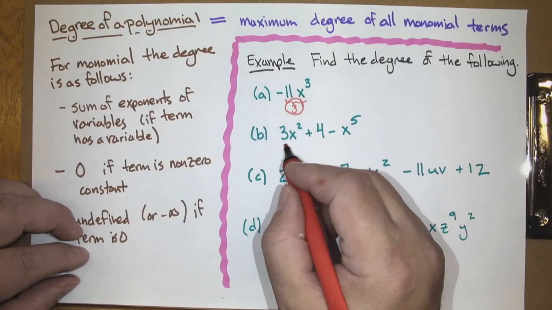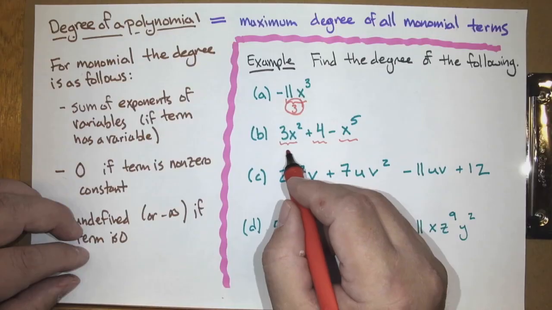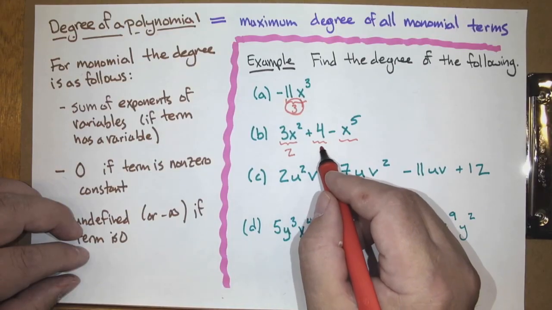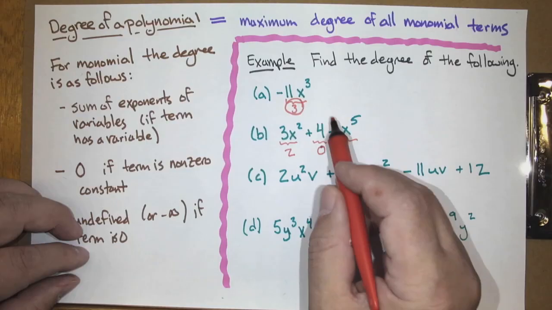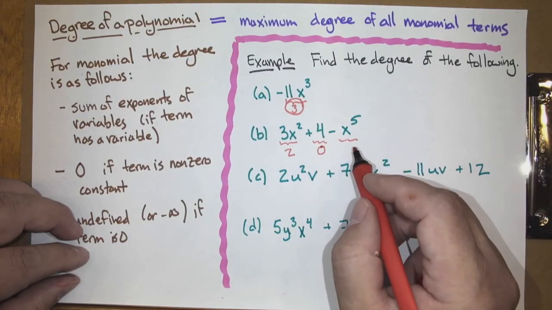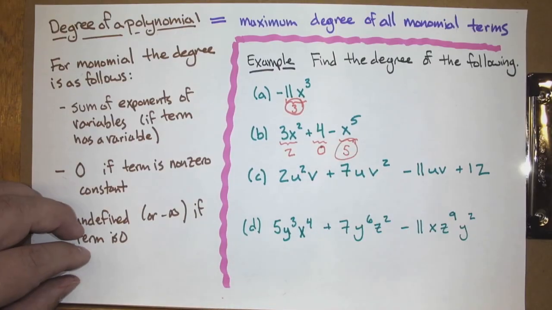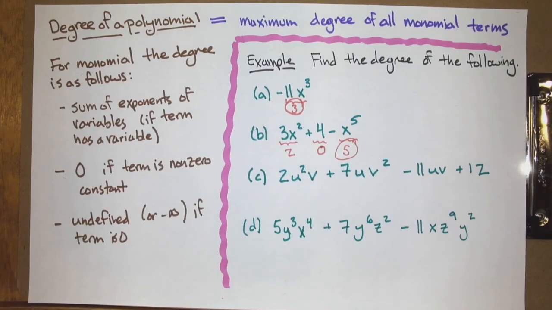And if you went through them individually, what would our respective degrees be? 2, 0, because there's no x. So if it's a constant, that's degree 0, and 5. Largest, 5. Okay. How about C? What's the degree of the polynomial?